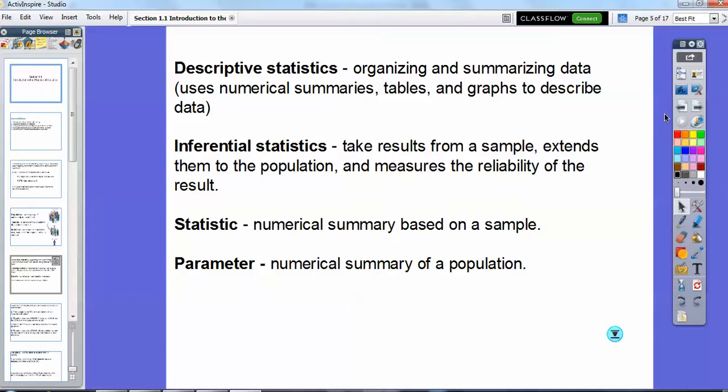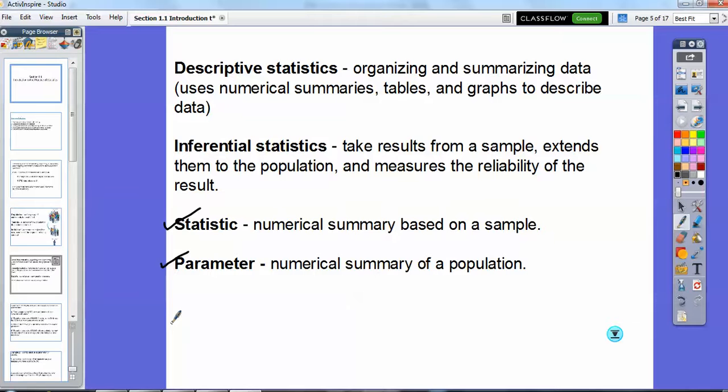All right. These next two terms are also really important, statistic and parameter. I think the S's go together.